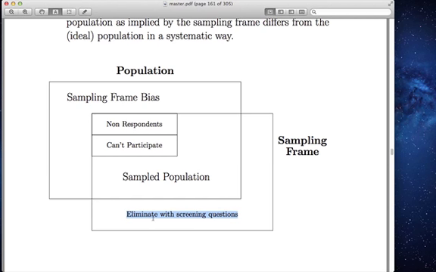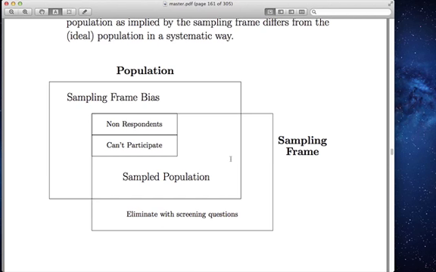They say, thank you very much, sir, have a good evening, and then we call the next name. Likewise, if one of my screening questions is, what is your age, and the woman says, I am 55 years old, we terminate the call and say, thank you very much, have a nice day. So this region is very easy to deal with using screening questions.